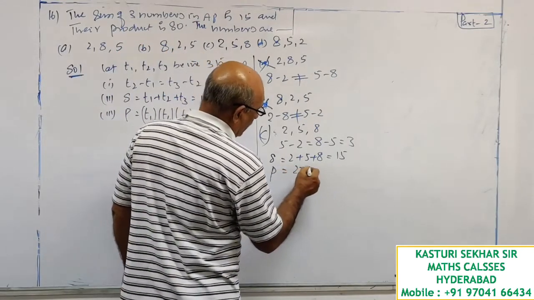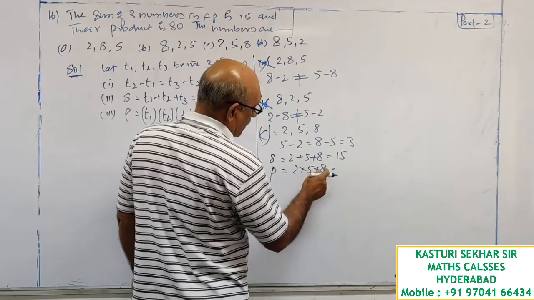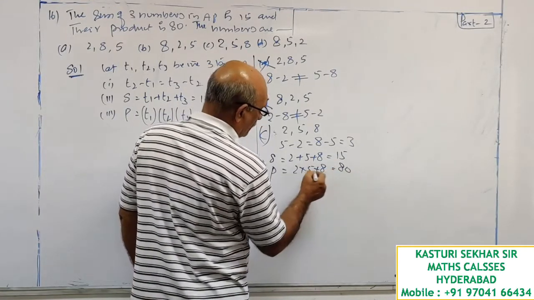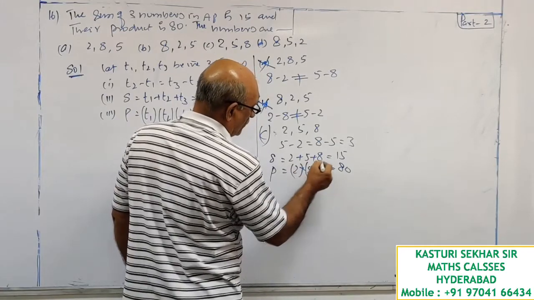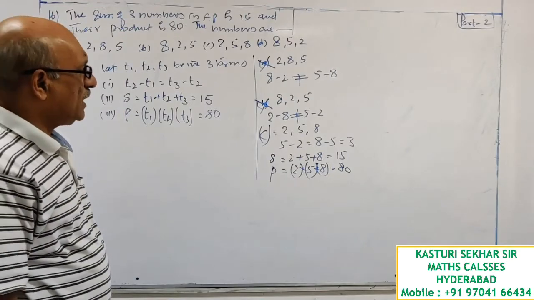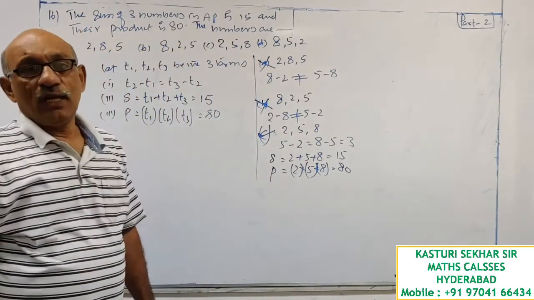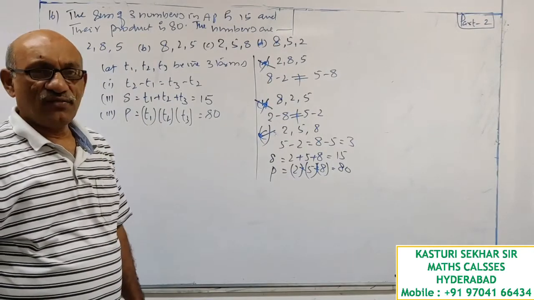Product is equal to 2 into 5 into 8, this is 80. Option C satisfied all the conditions. Therefore, at this stage, option C is the answer.